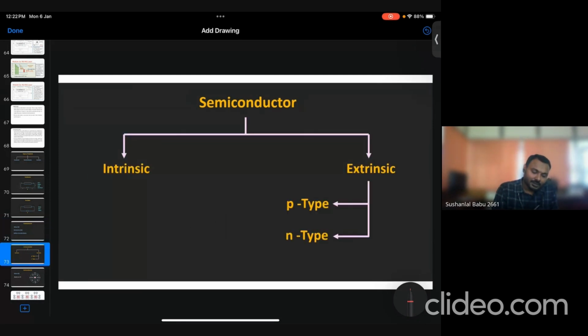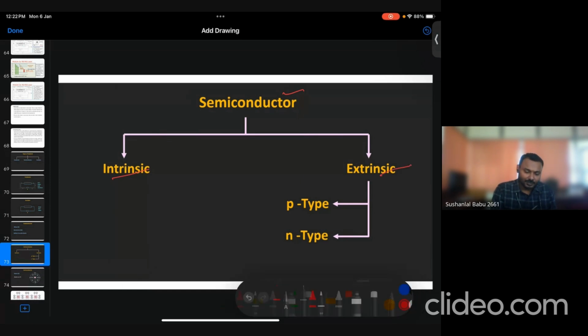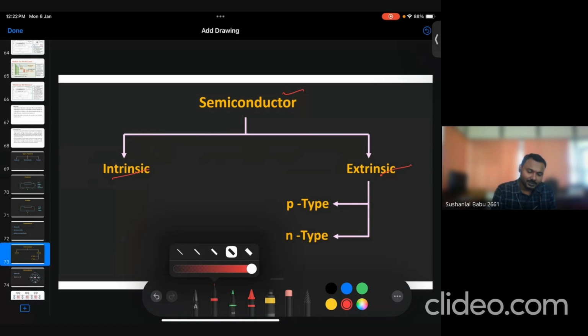Now, there are two different types of semiconductors. All these things you learned in your secondary time, your 10th, 11th, 12th standard. You might have covered all these things, but it's a recap. Semiconductors are of two types mainly: intrinsic and extrinsic. What is the difference?